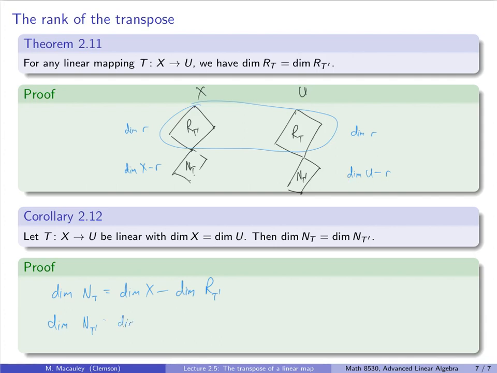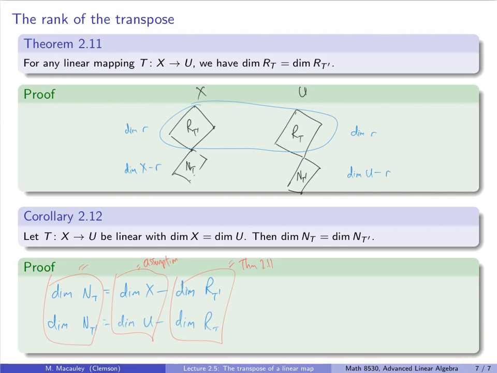It's the dimension of U minus the rank, or R, which is the dimension of the range of T. And if these things are equal and these things are equal, then these must be equal as well. So this is the assumption. These are equal, and this is by theorem 2.11.